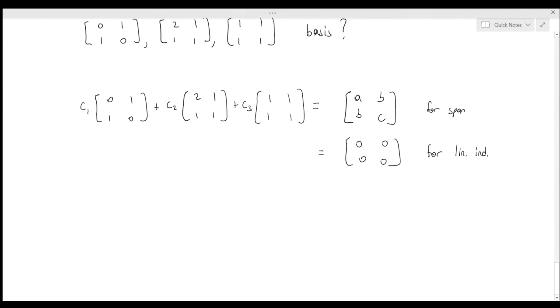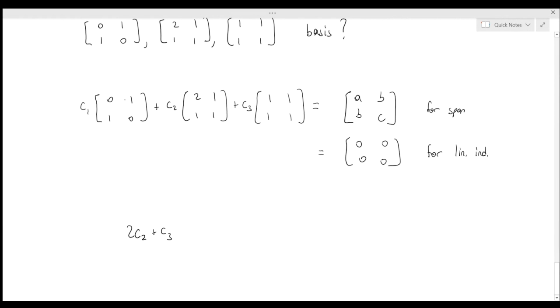And in our case, you would end up with a system of equations. So if I look at the left-hand side, I focus on just the first entry. You're going to get the equation 0c1 plus 2c2 plus 1c3 on the left-hand side.